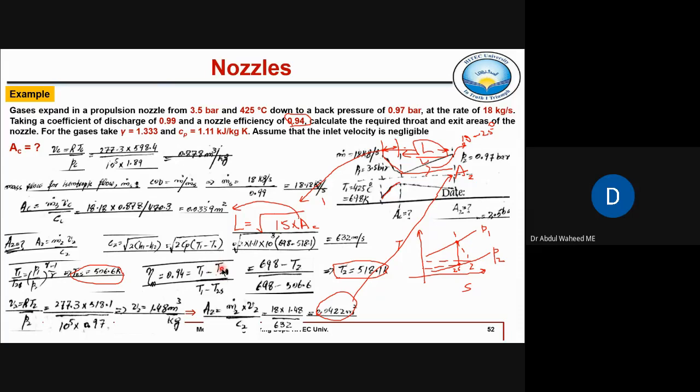So even if it is non-isentropic process, still we need to use this equation to calculate T2S. उससे फिर हम T2 फाइंड कर रहे हैं. So अभी तक हमने जितने क्वेश्चन किए हैं उनसे जो डिफरेंस है वो सिर्फ यही है, यहाँ ये नोजल एफिशिएंसी की इक्वेशन यूज हो रही है to find out actual T2. ठीक है, मेजर डिफरेंस यही है, या कहीं कोएफिशिएंट ऑफ डिस्चार्ज आ गया 0.9.